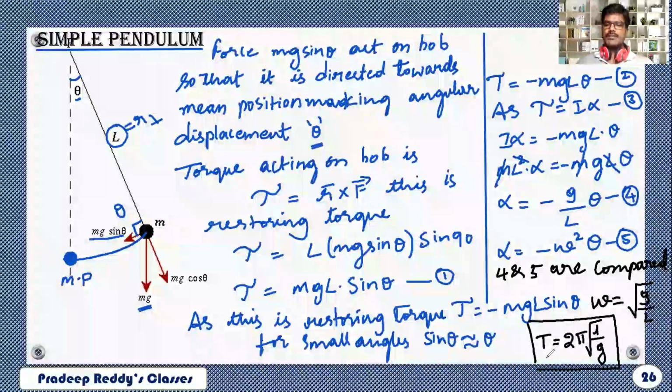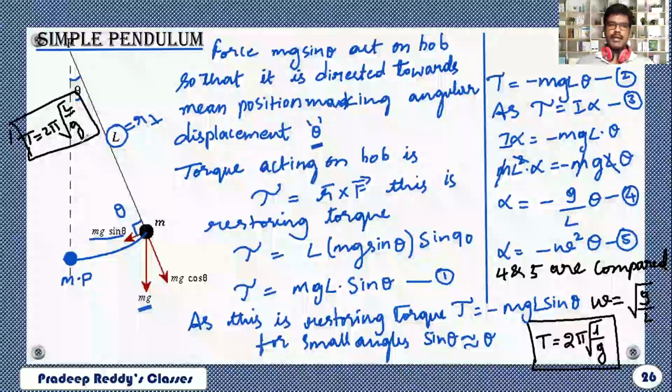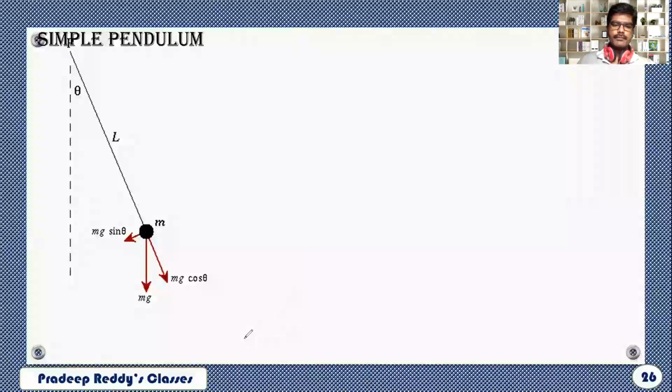This is the equation for time period of the simple pendulum. T is equal to 2 pi under root L by g. L is length of the pendulum and g is acceleration due to gravity. Very, very important equation. In many chapters, you will be coming across this equation.